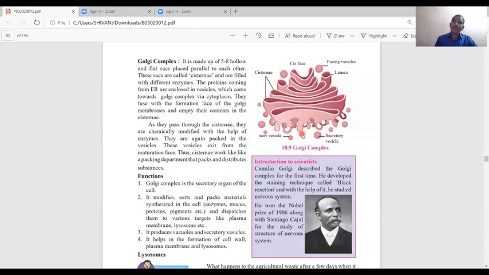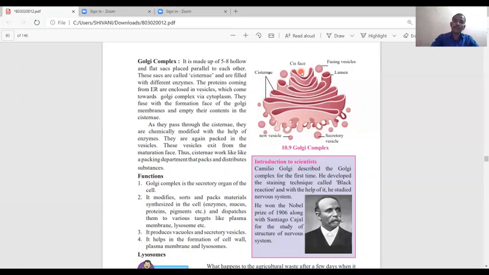The proteins coming from the endoplasmic reticulum are enclosed in vesicles, and when the vesicles fuse to the formation phase of the Golgi membranes, at that time they empty their contents in the cisternae.